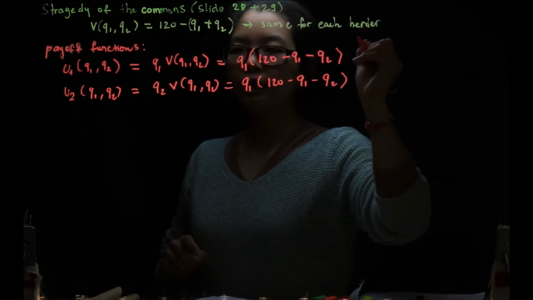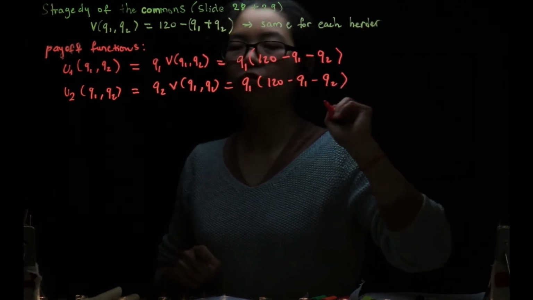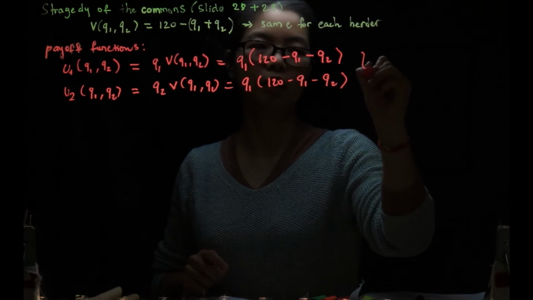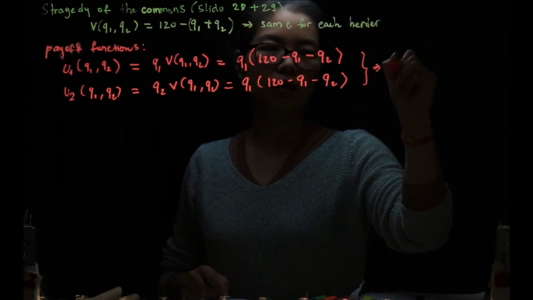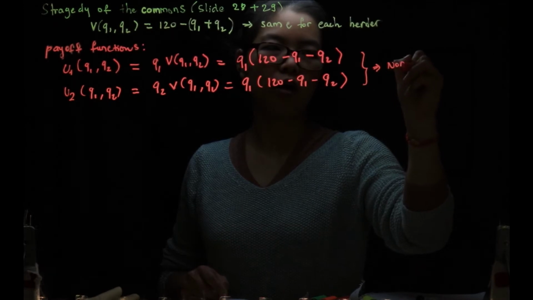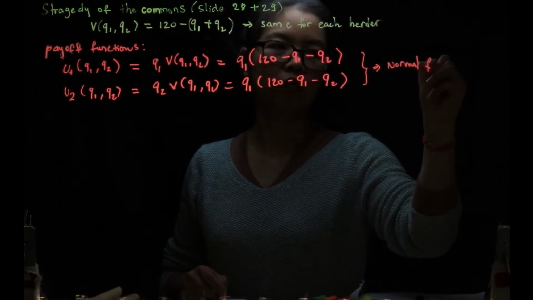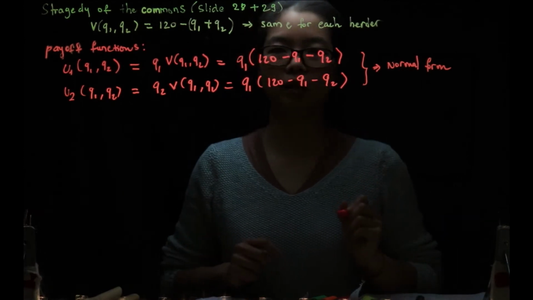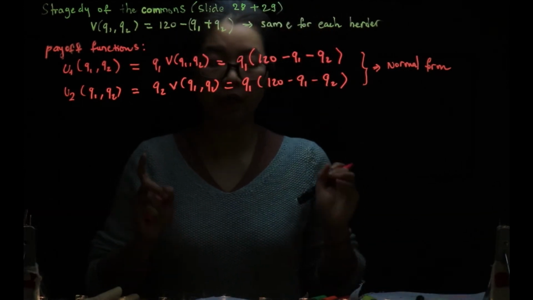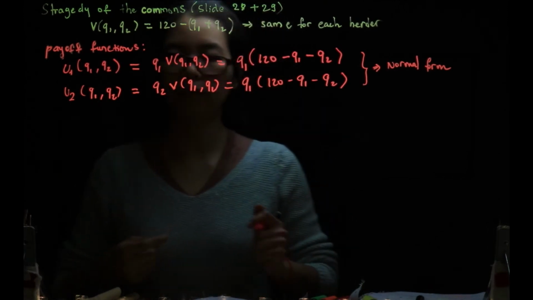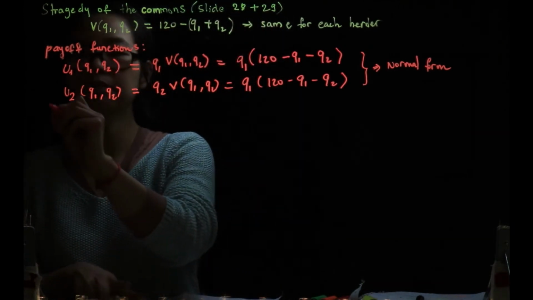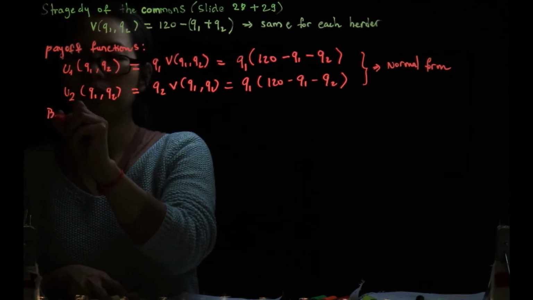And when you write down these payoff functions, you are actually writing down the normal form of this game. So the normal form in this case is simply the list of all the payoff functions of each player.